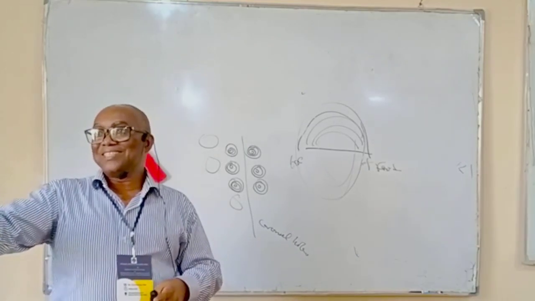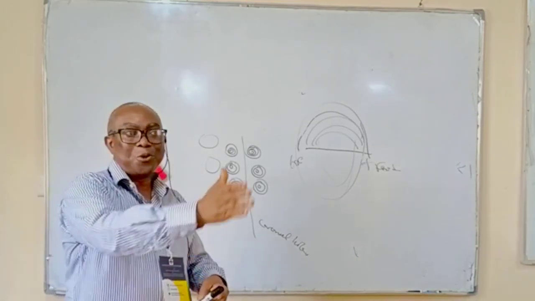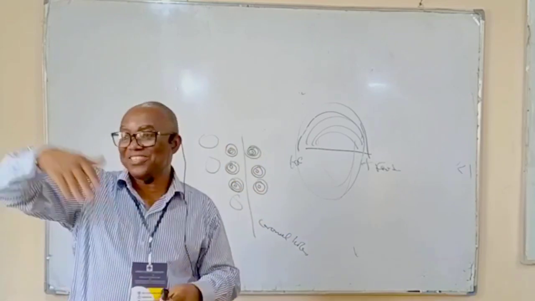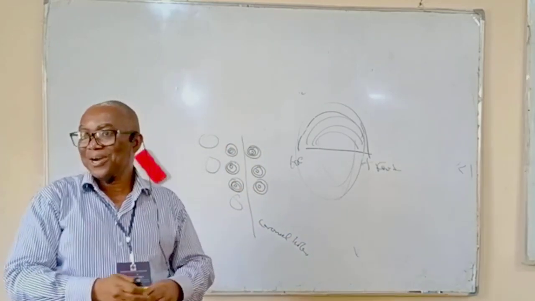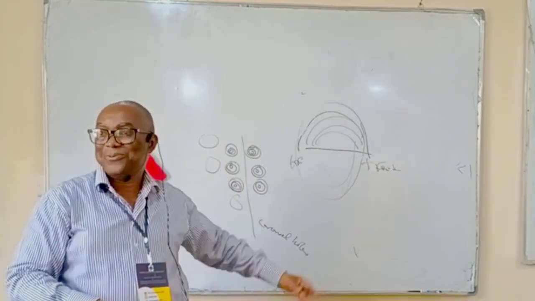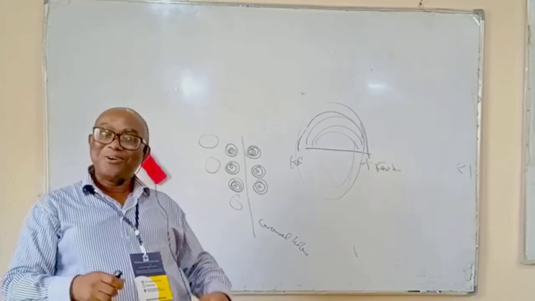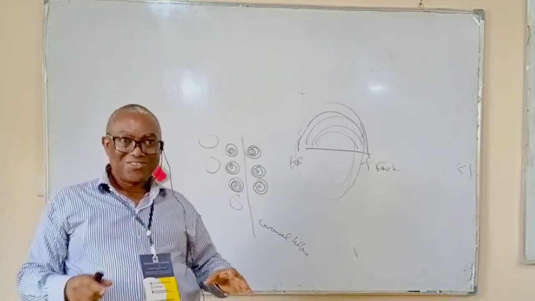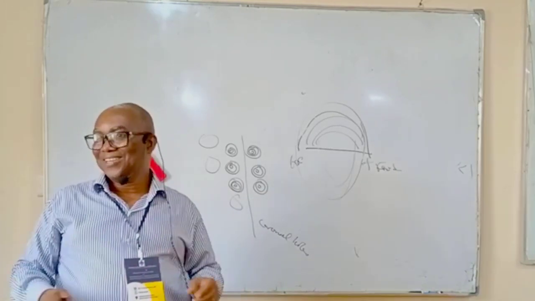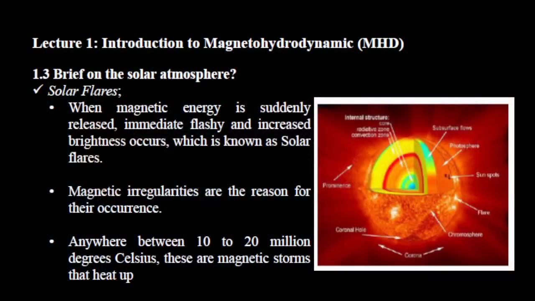And these frequencies are apportioned to people to propagate their waves. That's how you have radio signals. They all come from the coronal holes. So coronal holes and loops are important phenomena. Those of you who want to look at coronal loops, it is a good research area that people are working on.